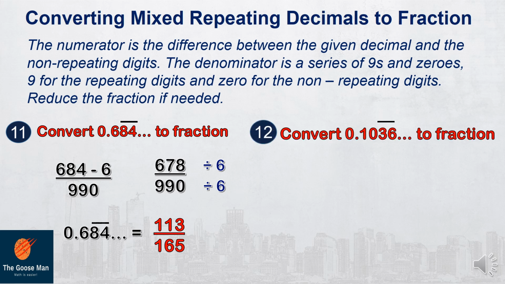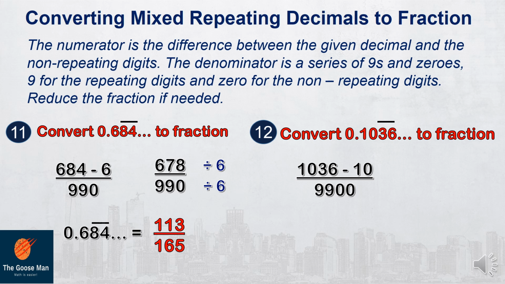Another example, so we'd like to convert this decimal to fraction. So take note that we have 1036 as our number minus the non-repeating digits 1 and 0, so we have minus 10, all over. Since we have two repeating digits 3 and 6, we will write two nines, followed by two non-repeating digits 1, 0, so we have two zeros here.